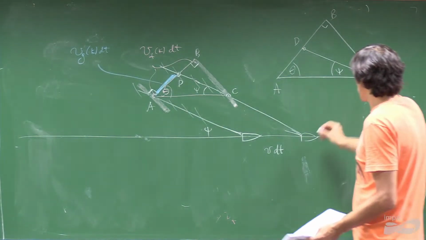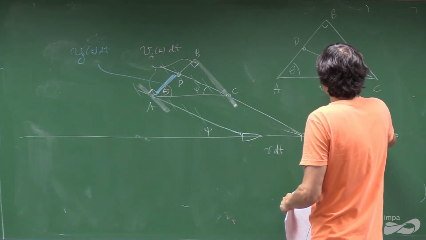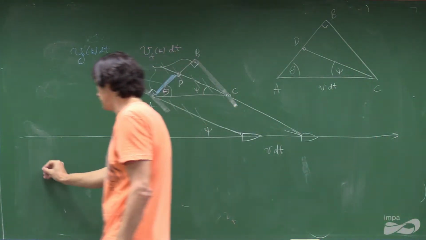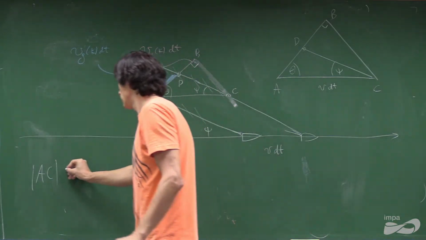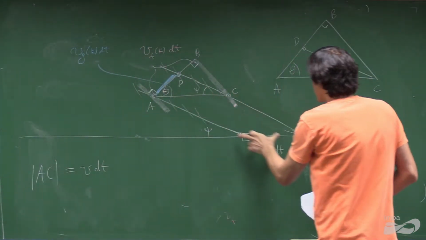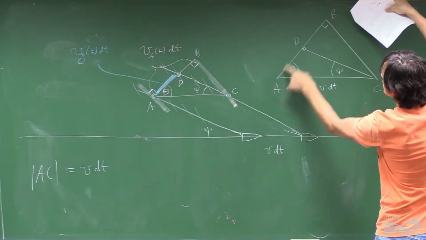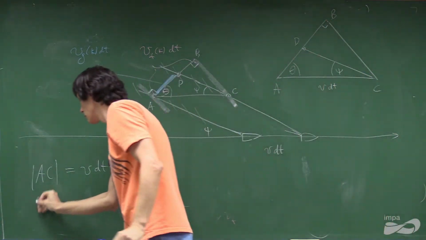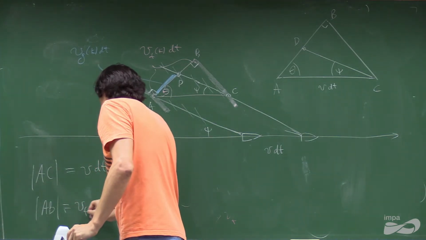And we know that AC is V dt, the distance made by the ship. Now AB is the distance made by the crest, so AB is phase speed times dt.